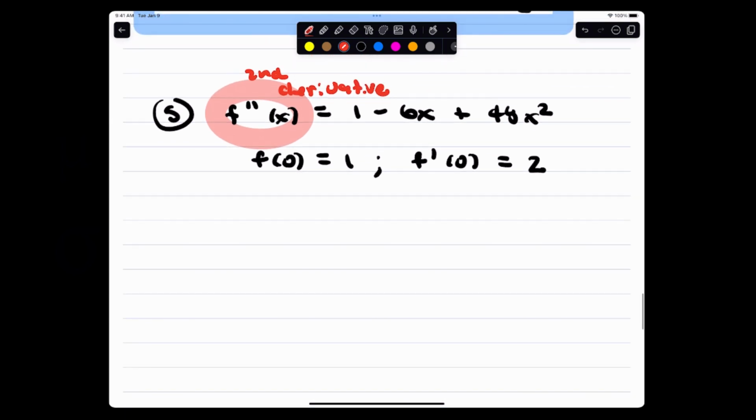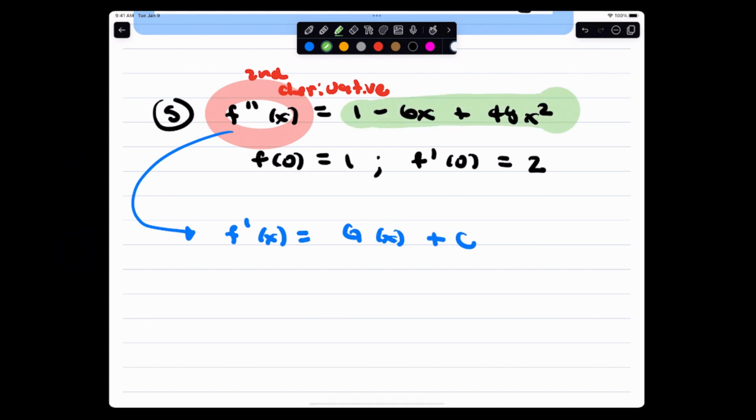So what happens here is, let's do this. Instead of f, you got f prime. And that'll be the g of x plus what? C here. So this is still your g.